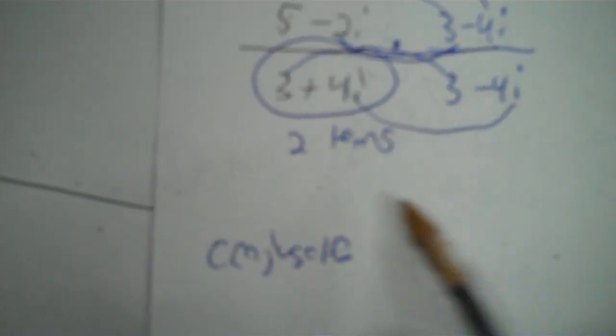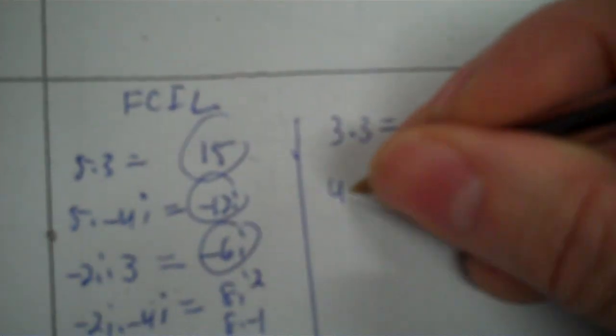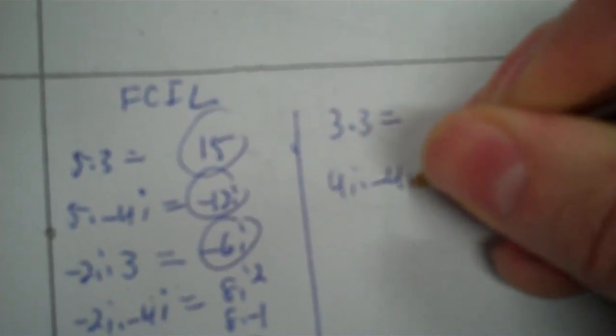Now, in the conjugate thing down at the bottom, you notice how these middle two cancel? So really, you just have to take 3 times 3 and 4i times negative 4i. So you don't have to do the full FOIL because you know with the conjugates, these are just going to cancel. If you want to do the full FOIL, you can, but with a conjugate, you really just have to multiply the 3 and the 3 and here and here.